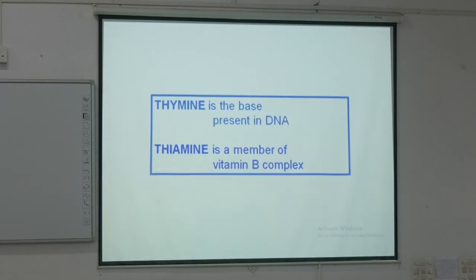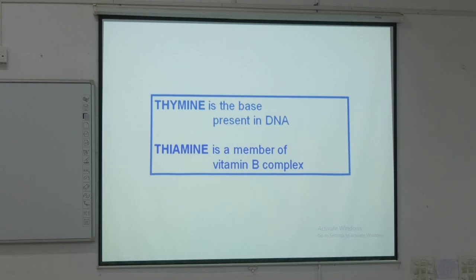This, all of you know, one is thiamine and the other is thymine. The difference will be, this is which vitamin? B complex? B1 or B2 or B6? B1.